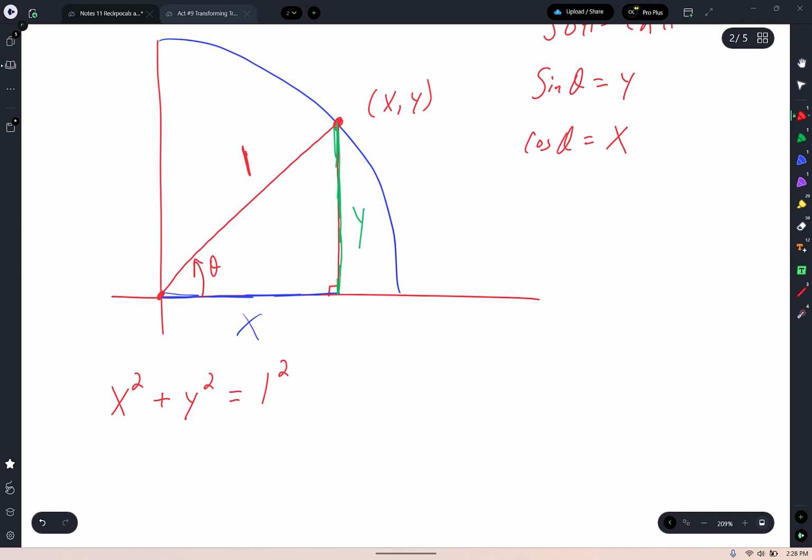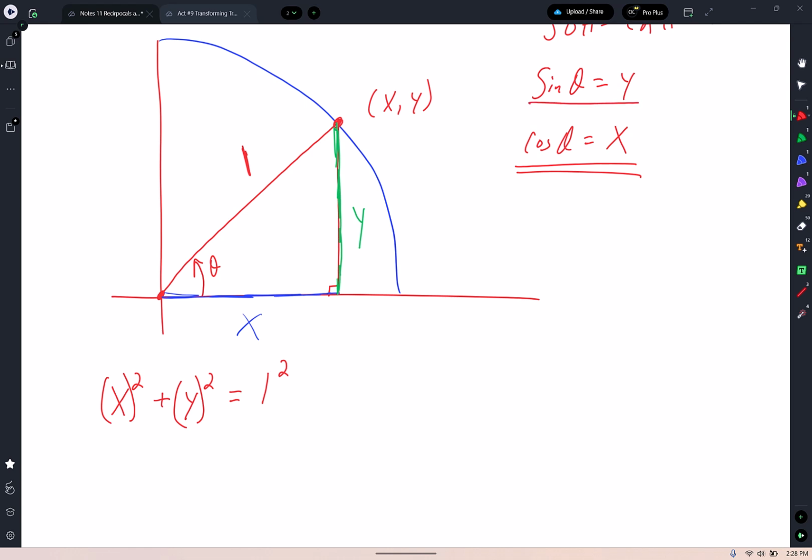I'm going to do a substitution. Relax, guys, it's not a big deal. What did I tell you that cosine was? And then what did I tell you that sine was? So I'm going to substitute, and I'm going to write it like this: cosine theta squared plus sine theta squared, and then 1 squared is just 1. See, there's no catch.